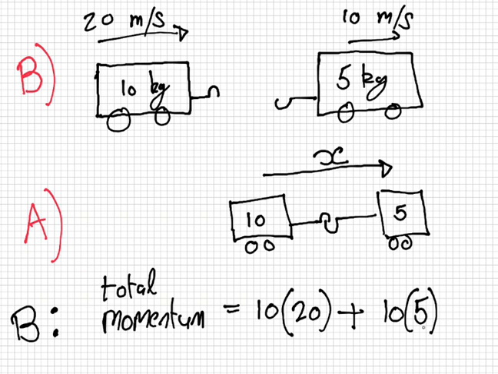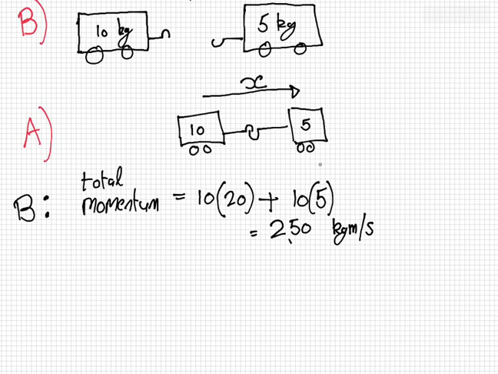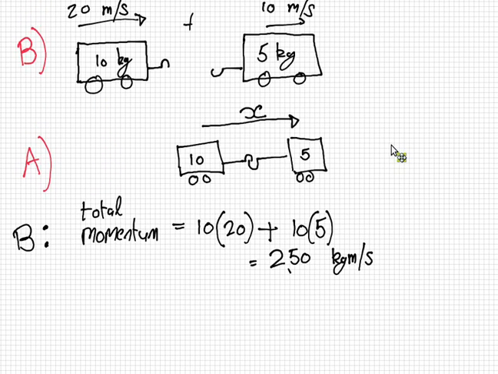Yeah, so that is 250 kilogram meters per second. Can you see that? Because it's just mass multiplied velocity plus mass multiplied velocity. Yeah, I'll leave this up on the screen.